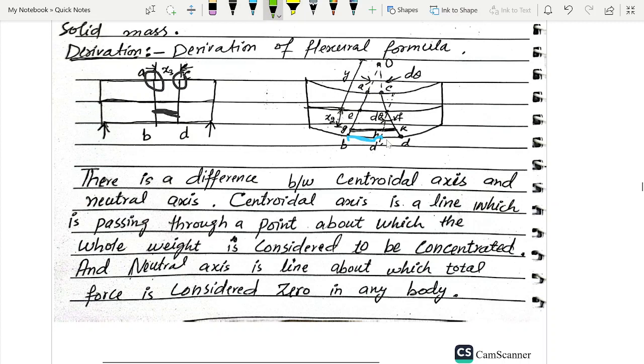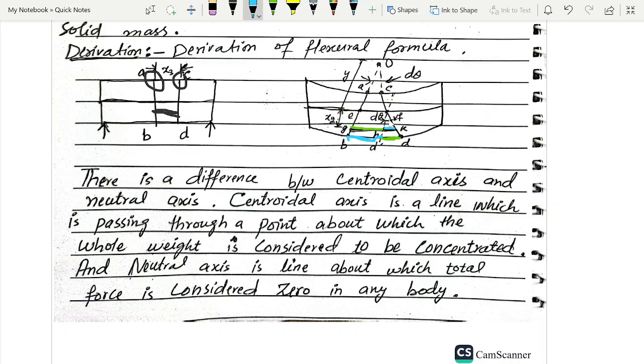And this green is the change in length. So for the fiber, this is the original length, and the change in length will be this. We know that strain is change in length divided by original length. The change in length is equal to x2 times d theta.